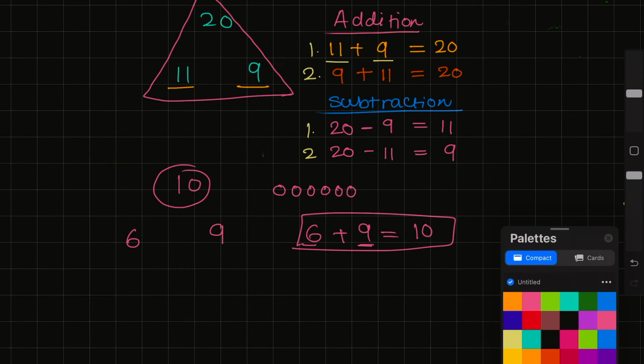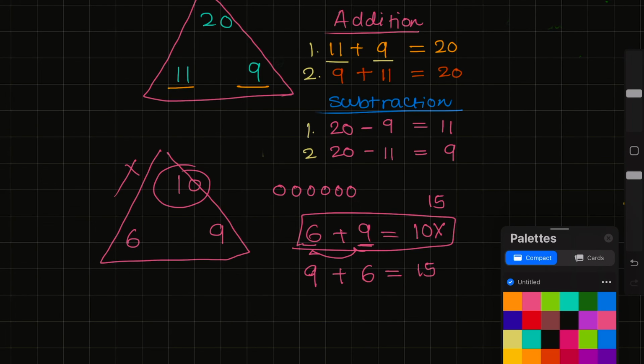So the answer is not 10 but 15. If we interchange, 9 plus 6, the answer is going to be 15, because we are just interchanging the addends. We are not changing the numbers, but it's not 10. So these 3 numbers 10, 6, and 9 do not belong to the same family.